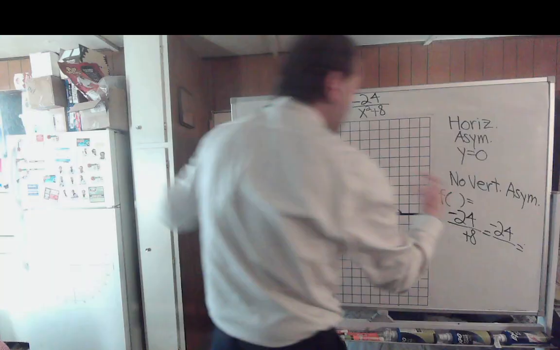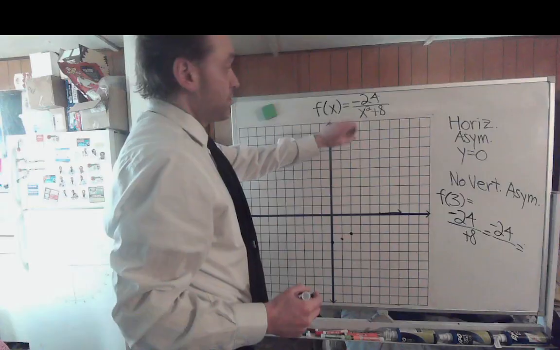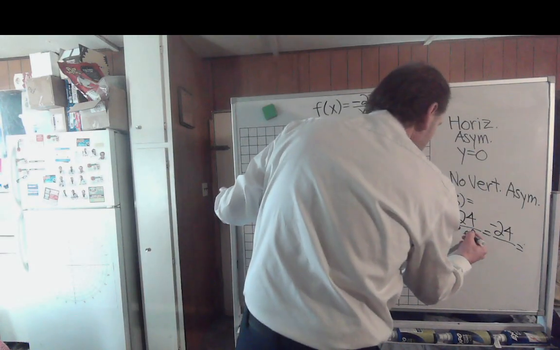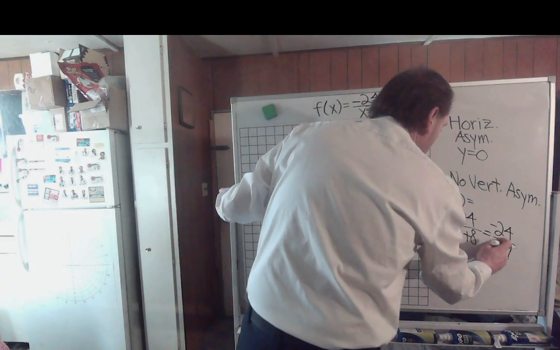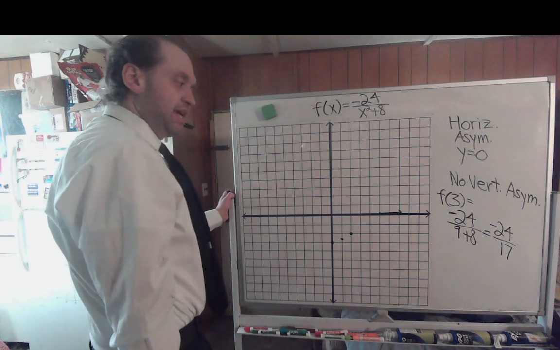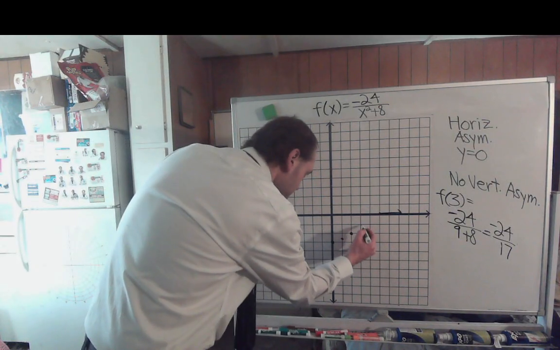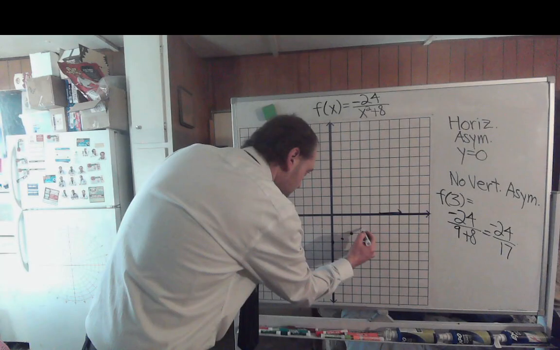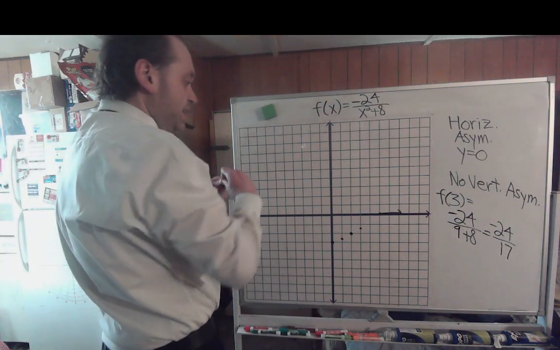So let's see, f of 3, all right, so what is 3 squared is 9. This would give you negative 24 over positive 17. So that's like negative 1 and 7/17, which would be a little bit north of negative 1.5.